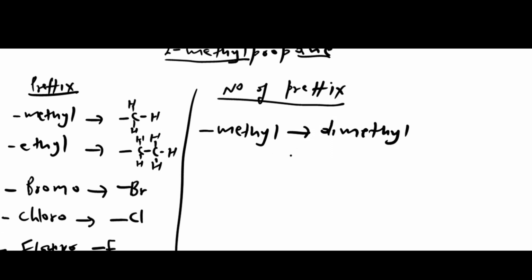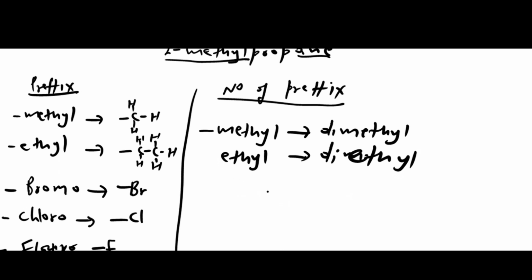If we have 2 ethyl, we are going to say di, ethyl, right? And for bromo, we do the same.